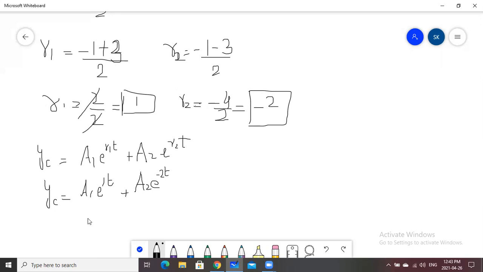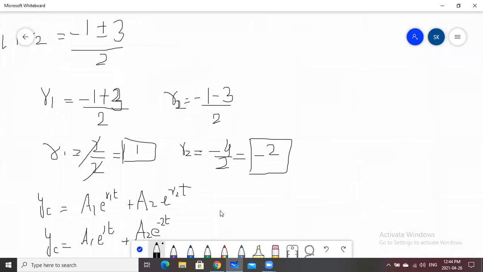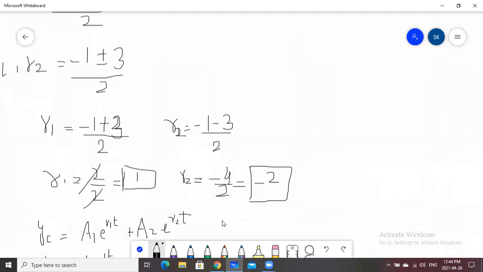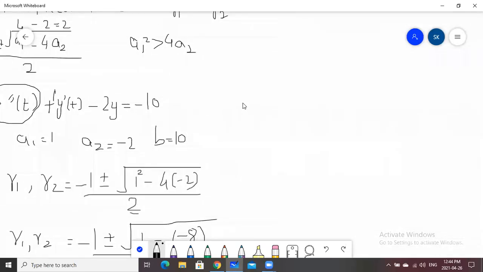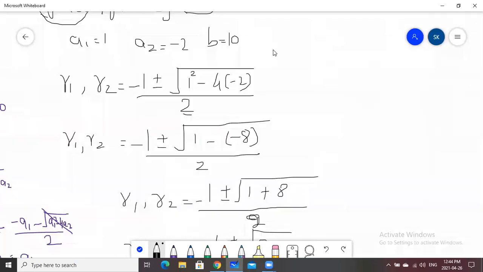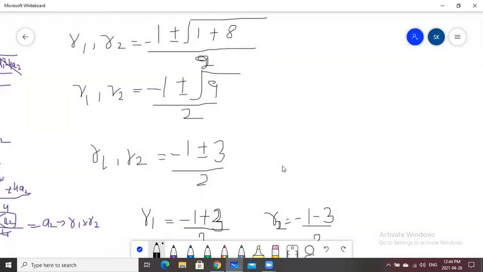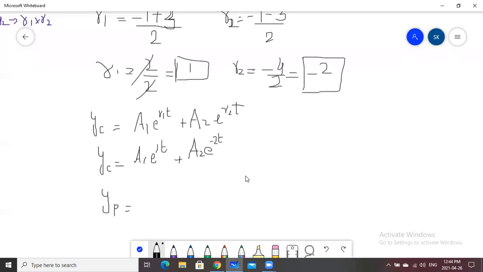We can also find out the value of yp for this equation, as we know that the value of b for the equation given to us was equal to minus 10. Why was it minus 10? Okay, let's go back to our question. We can see in this question, we have the value of b equal to minus 10. That is, the value on the right hand side is always equal to b.